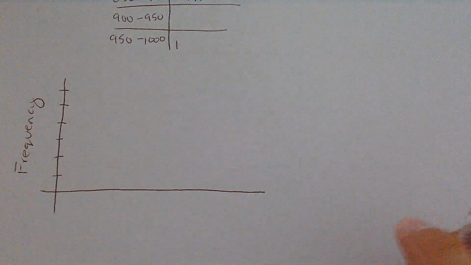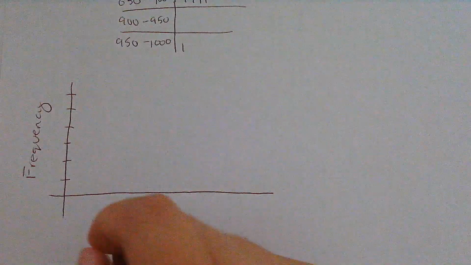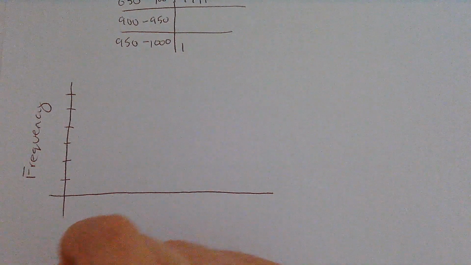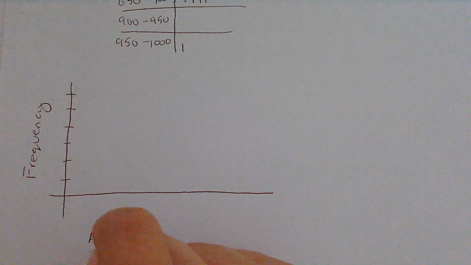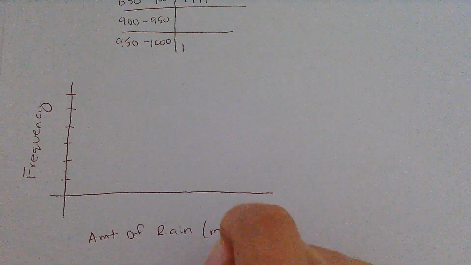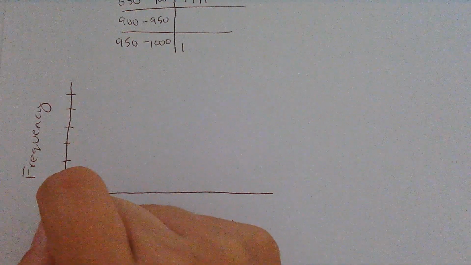My x-axis is the amount of rain in millimeters, I believe. Amount of rain in millimeters. Now my scale, I'm just going to skip a few.